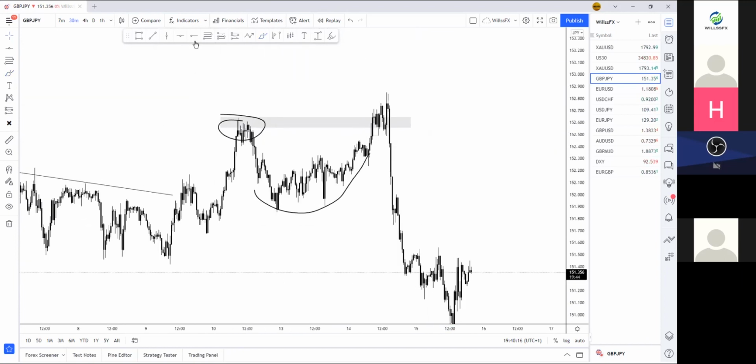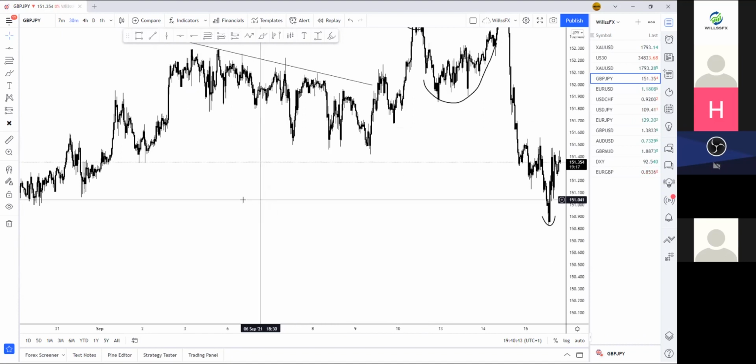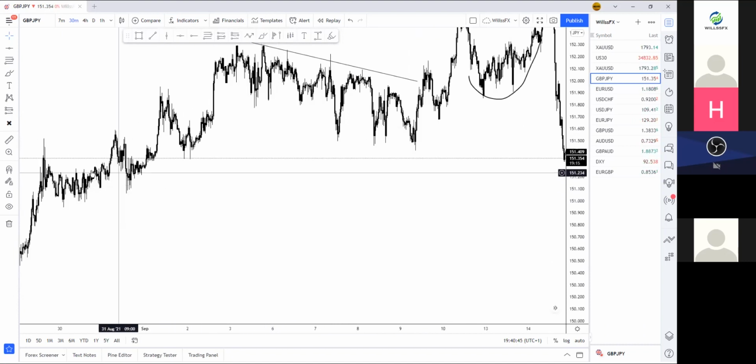But you see an area like this where you've got wicks all into the same area. This is when you can see price grab it, because when price is like this, people think, oh, it's holding the area so well, so they're looking to sell. Stop loss above, price comes up, grabs the liquidity with this sweeping motion, tweezes the tops again, drops, and you could have targeted this liquidity here.